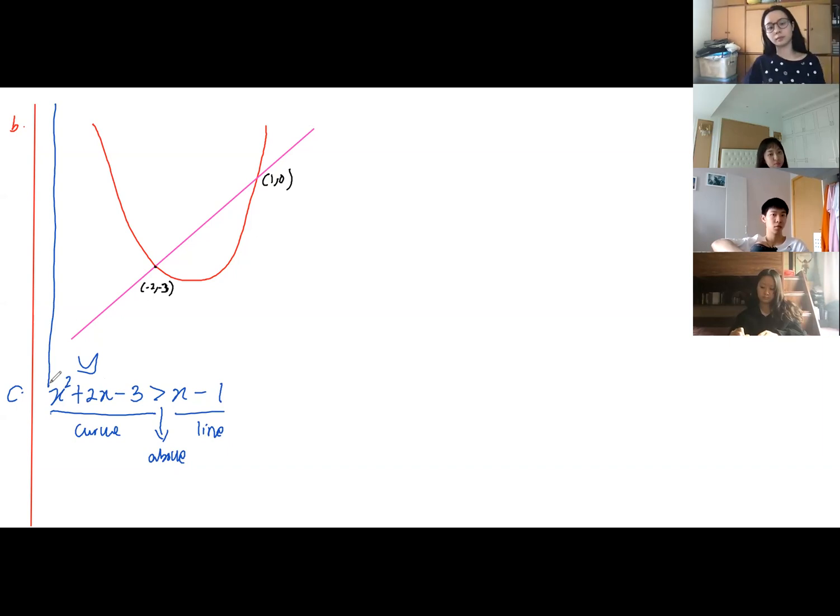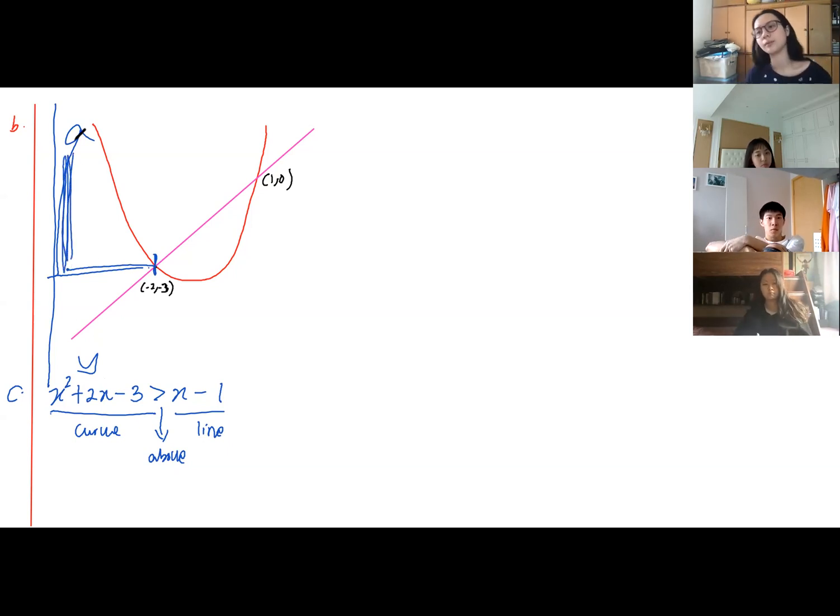So when we are talking about all y values, we're talking about values from here to here. These are all the y values of the curve from this point. Do you agree? And these are all the y values for the line from this point. Do you understand that?